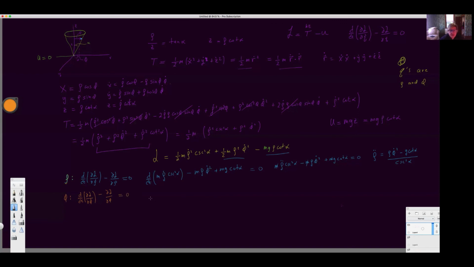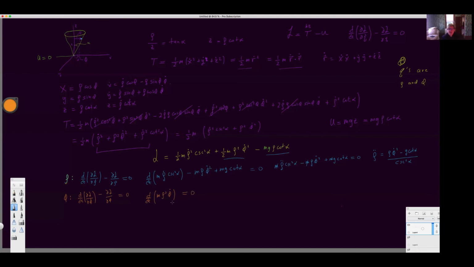So partial L partial phi dot is only this term. The 2 cancels this 2, and we get d/dt of m rho squared phi dot. And then there are no phi's anywhere in partial L partial phi. There's literally no phi's. So that means this whole thing is just 0.